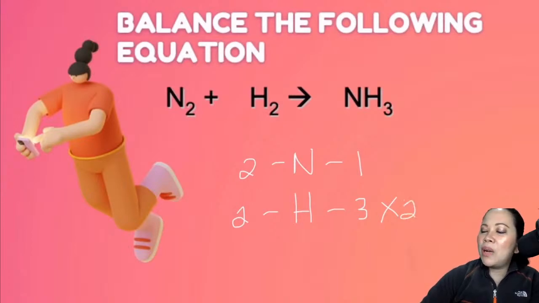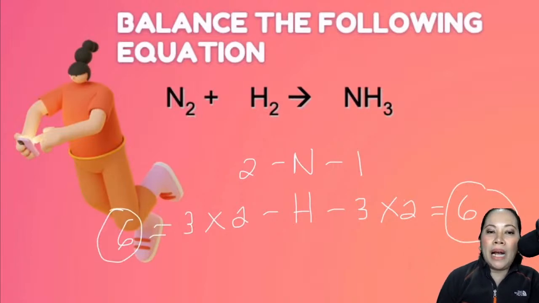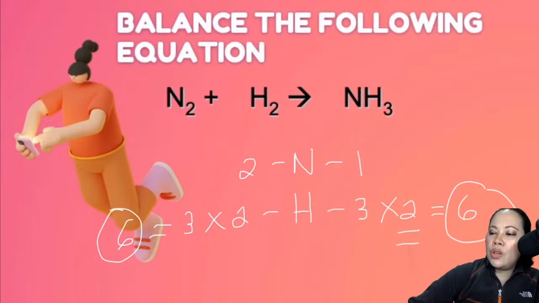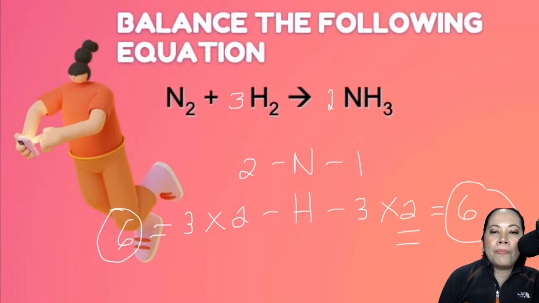I'll multiply this by 2, you get 6. And I'll multiply this by 3, I'll also get 6. So 6 and 6 hydrogen is balanced, right? I multiplied it with 2, so I'll put 2 here. And since I multiplied this with 3, I'll place 3 here.